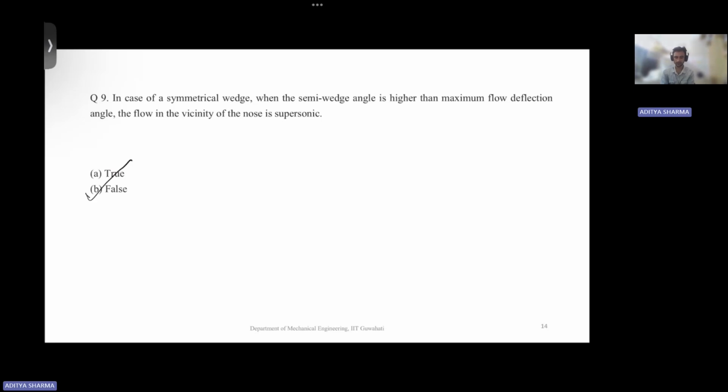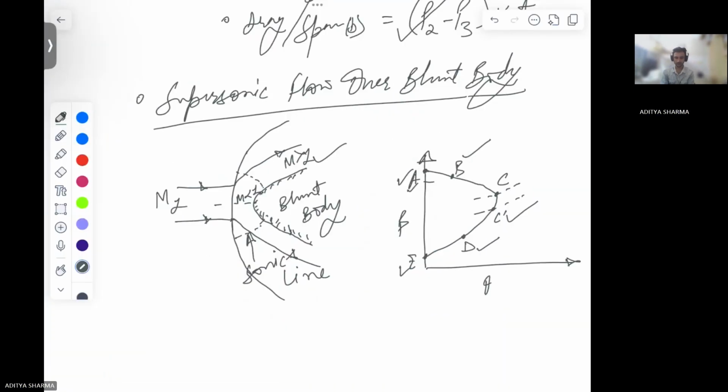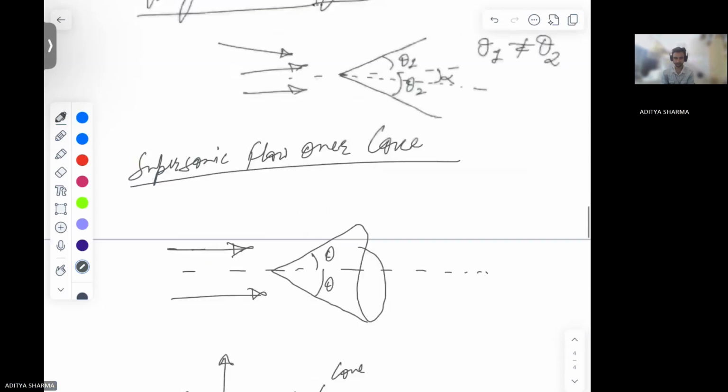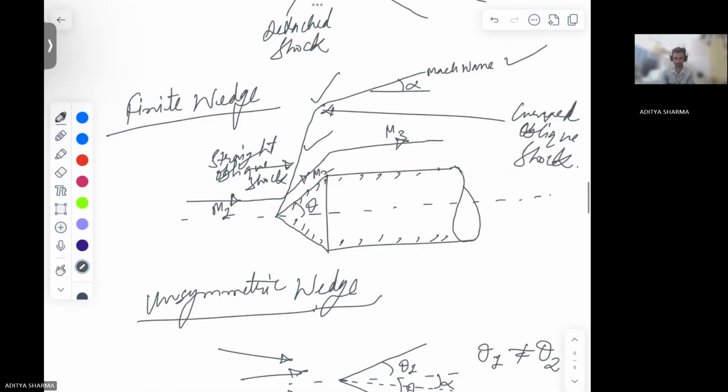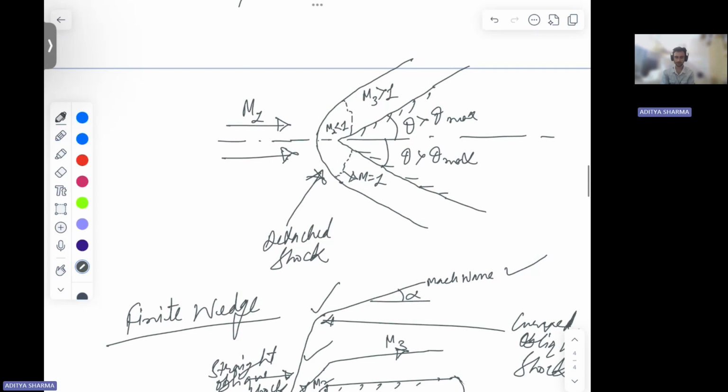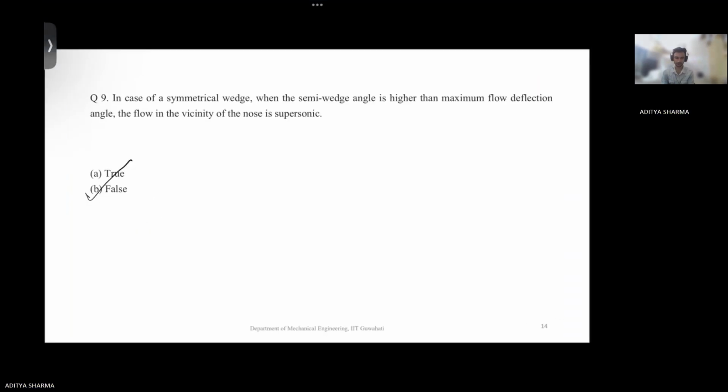We have seen that the Mach number M2 is less than 1 in this region. So this is a false statement.